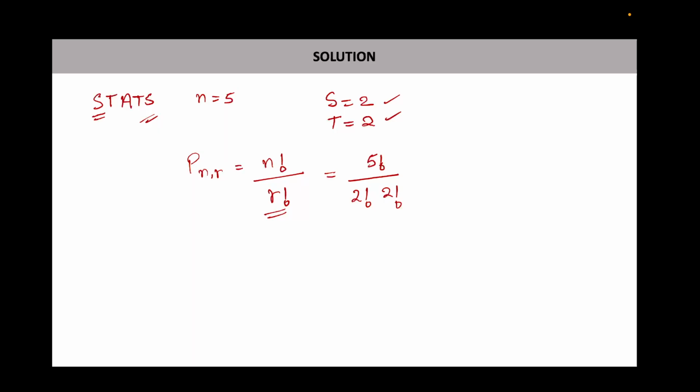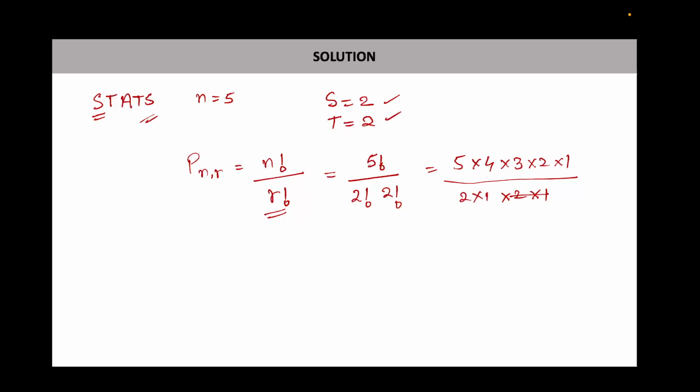Now you just have to solve this equation, which will be equal to 5 into 4 into 3 into 2 into 1, upon 2 factorial, which is simply 2 into 1, and 2 into 1. Now you just calculate this.